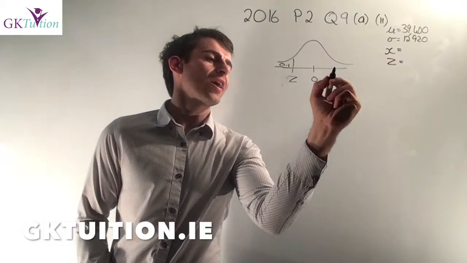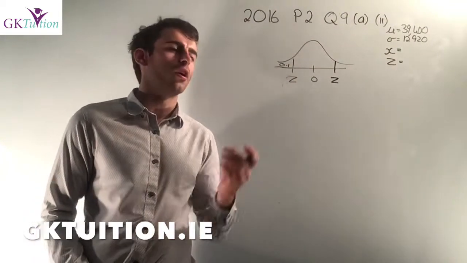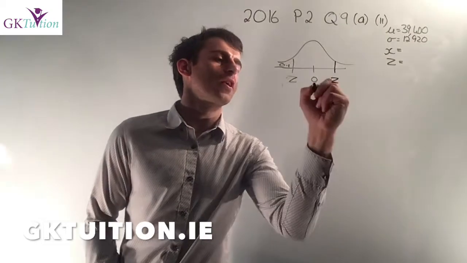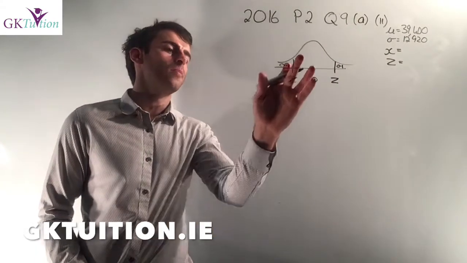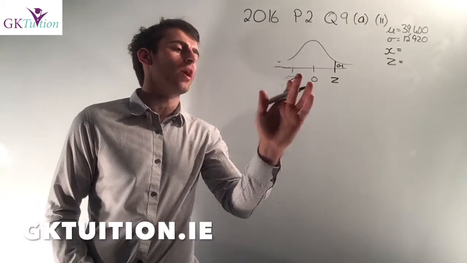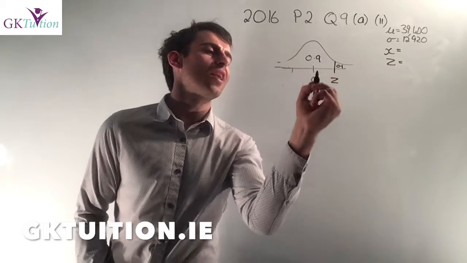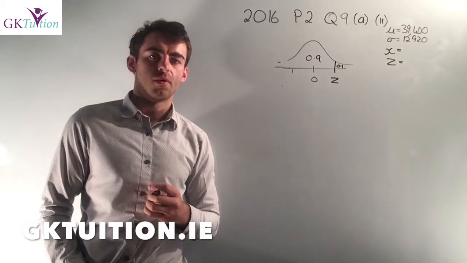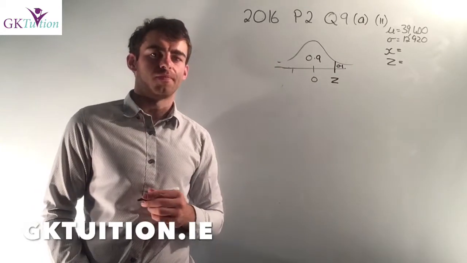So in fact, I need to find the Z-score that's out here. I need to find the Z-score for which the proportion of figures greater than it are 0.1. Okay? If the proportion of figures greater than it are 0.1, then that means the proportion that are less than it are 0.9. Or in other words, 90% of figures are less than this Z-score.